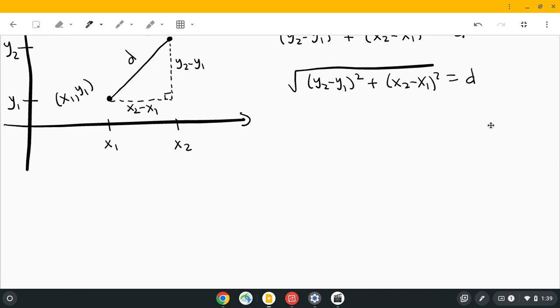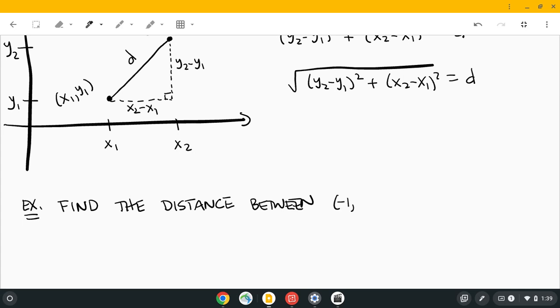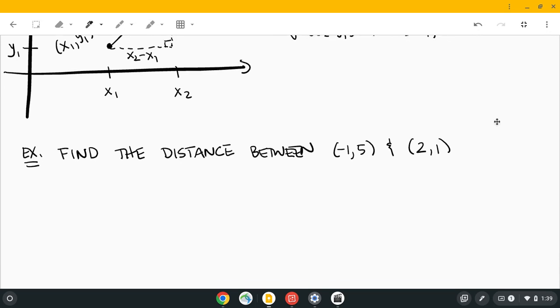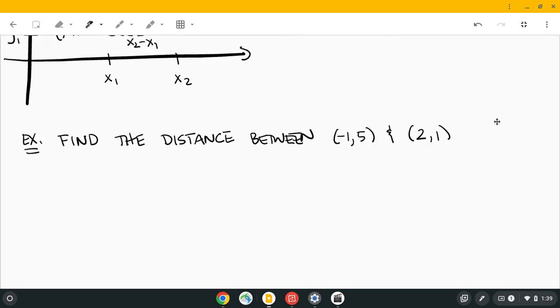All right, so here, let's go ahead and find the distance between -1, 5, and 2, 1. Okay, so we're going to use that formula. So let's go ahead and figure out which one we want to be x1, y1, and x2, y2.